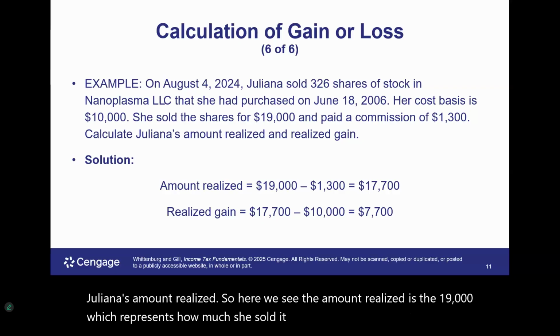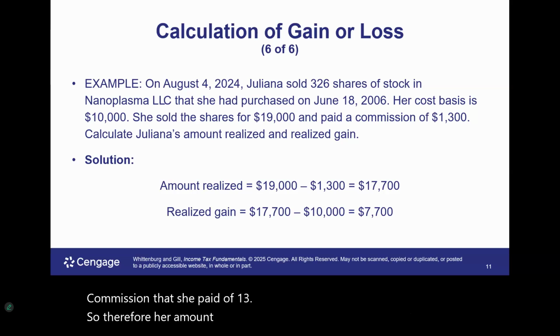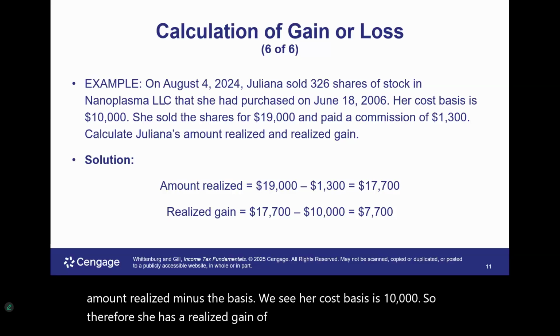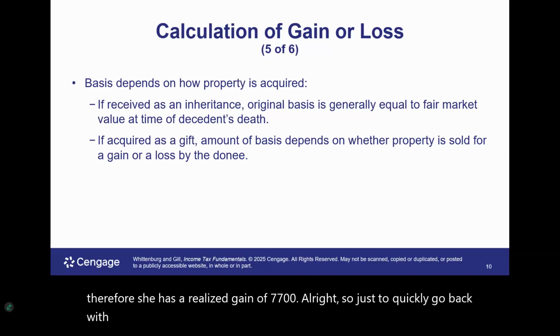And then we have the commission that she paid of $1,300. So therefore, her amount realized is $17,700. And then the realized gain is the amount realized minus the basis. We see her cost basis is $10,000. So therefore, she has a realized gain of $7,700.